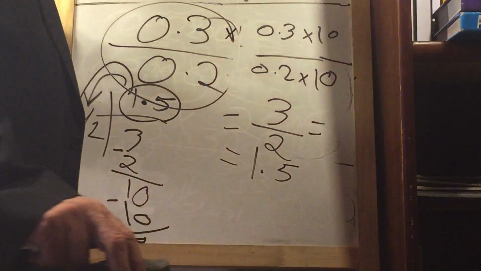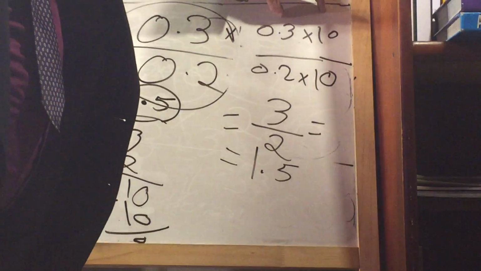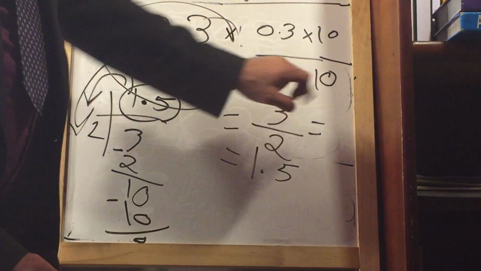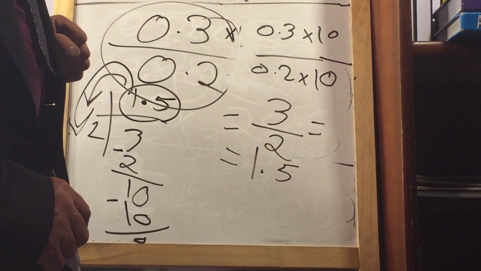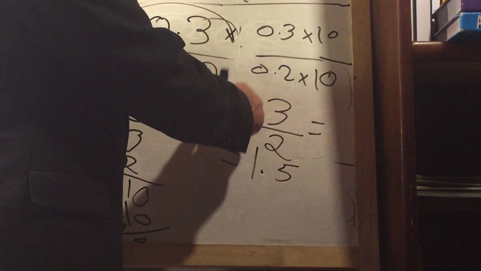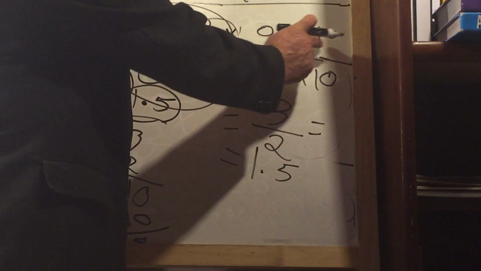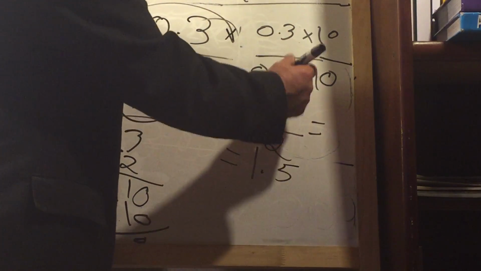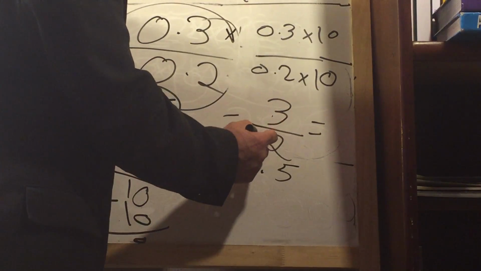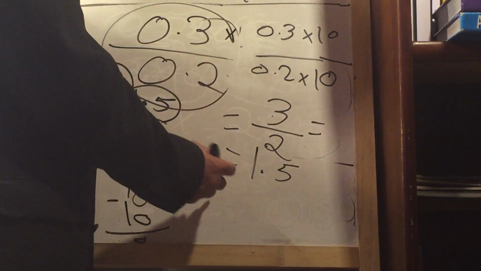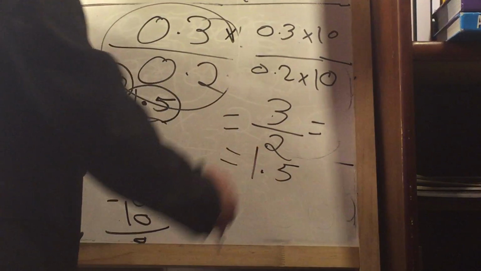That's the first step. Okay, 0.3 times 10 divided by 0.2 times 10, we divide both of them. So 3 over 2 is equal to 1.5. So this one equals 1.5.